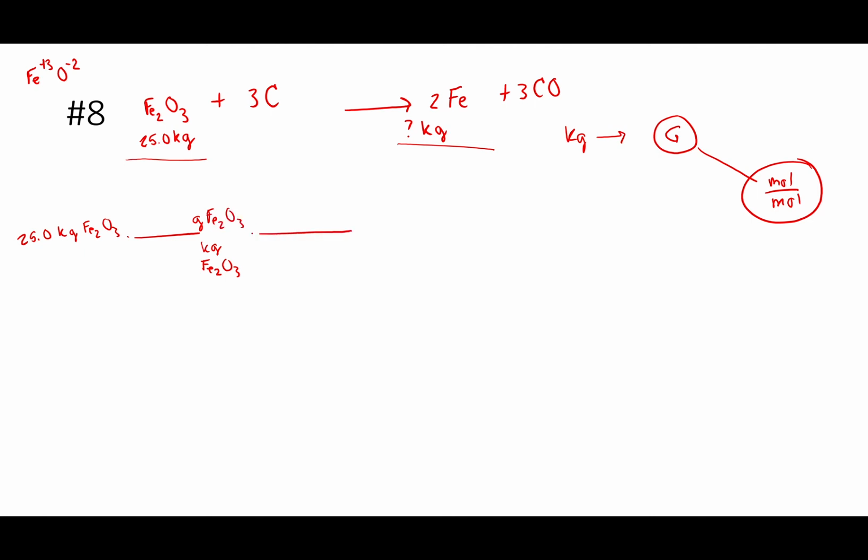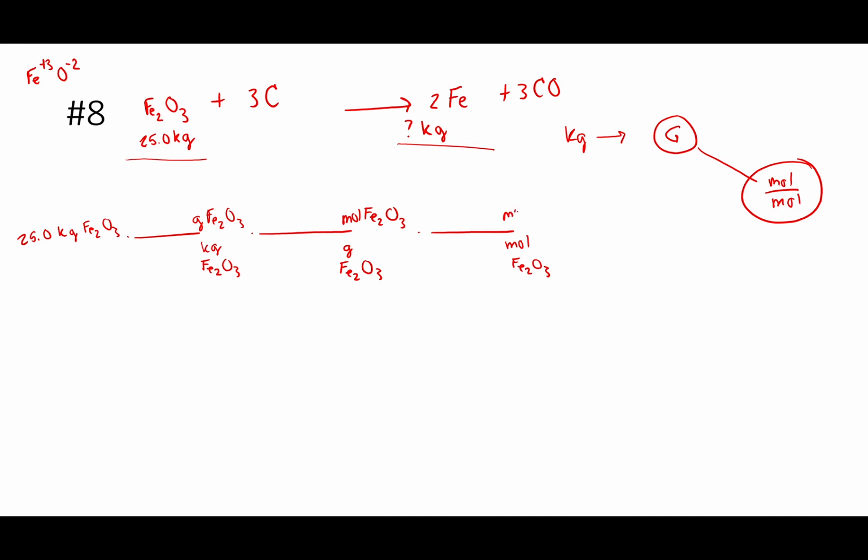So again, notice how I'm labeling my compounds so I very obviously see what I'm working with. Grams of Fe2O3 to moles of Fe2O3. Moles of Fe2O3. So here's the big conversion from iron 3 oxide to iron.